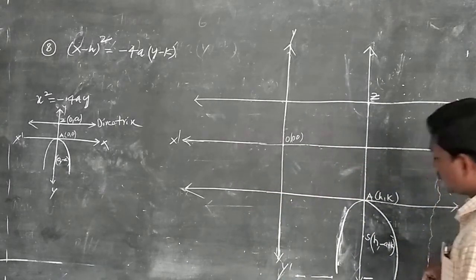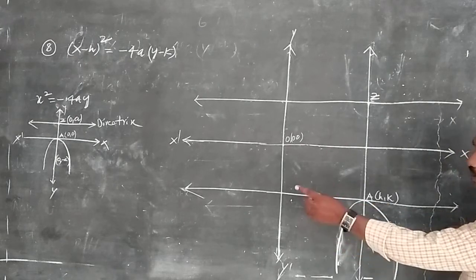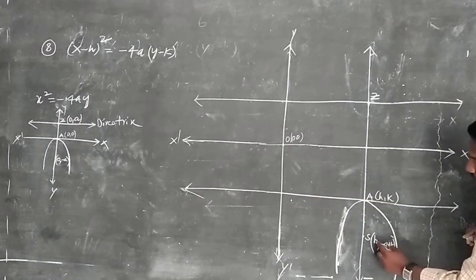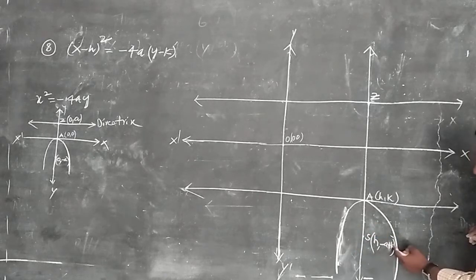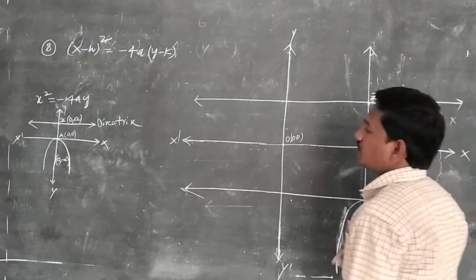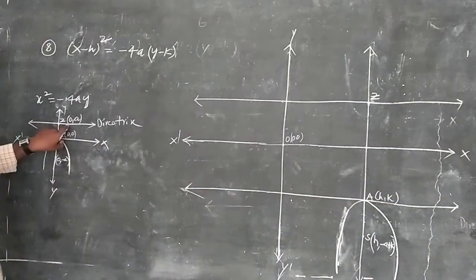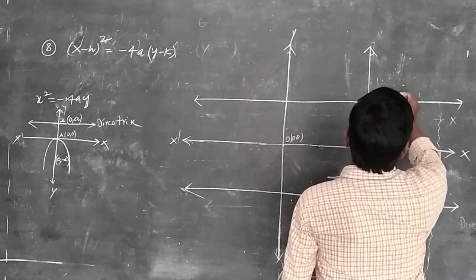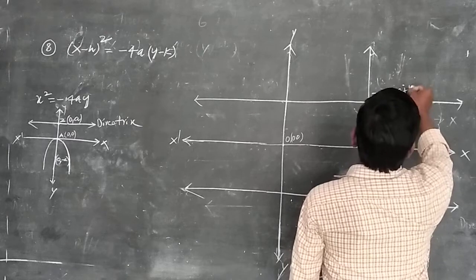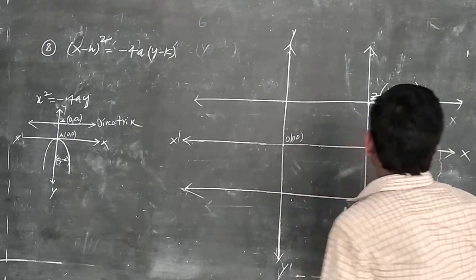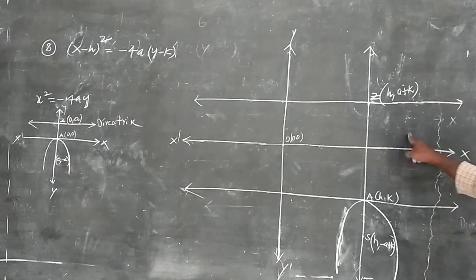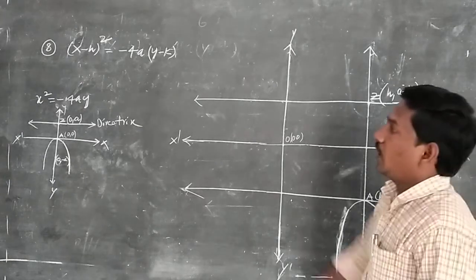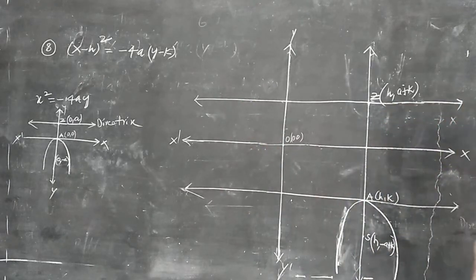This is the point, the actual point (0, minus a), so 0 plus h, minus a plus k. Now what are the points of the directrix? (0, a), that means (h, a plus k). So this is the shape of (x minus h) whole square equal to minus 4a(y minus k).